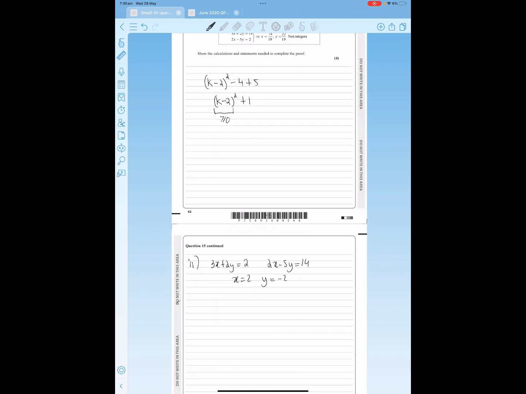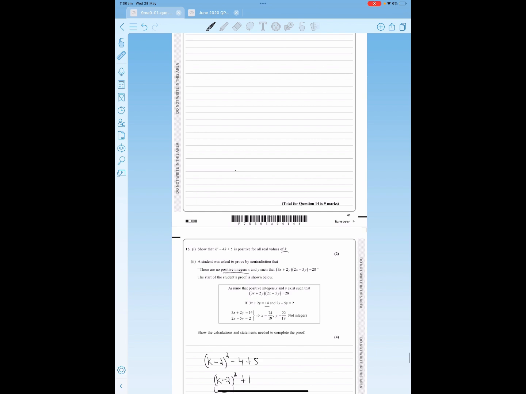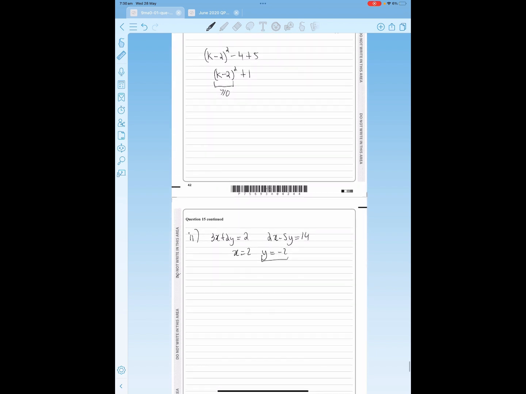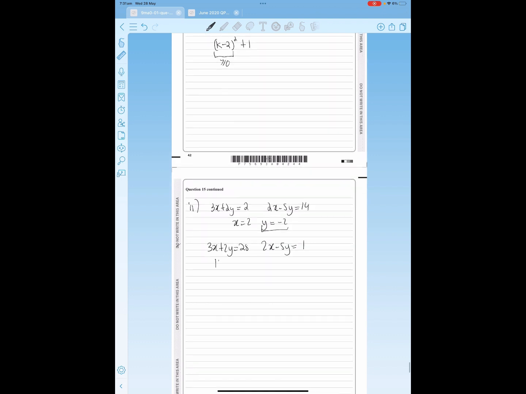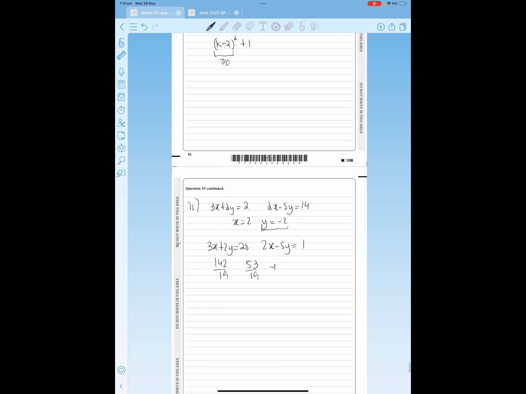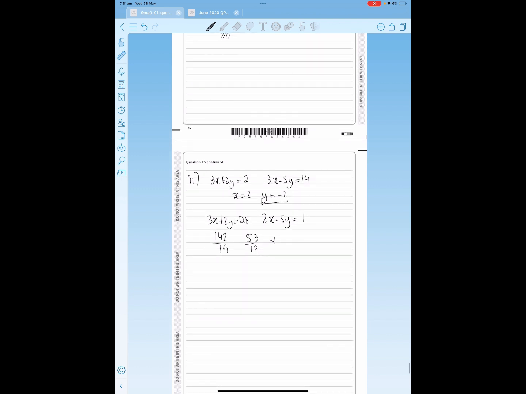And this cannot be true because y is negative and it says you need positive integers. And now we can test 28 and 1. And we would get 142 over 19, 53 over 19. And these are not possible because these are also not integers.